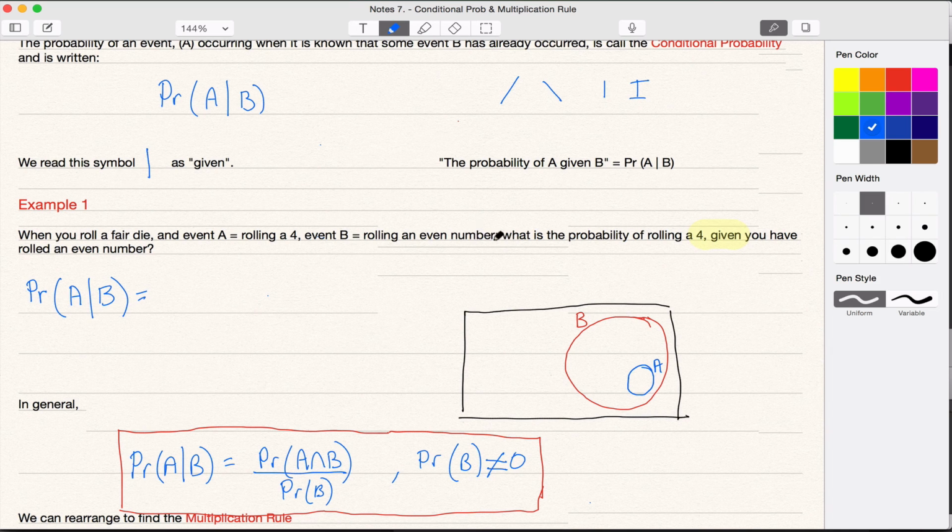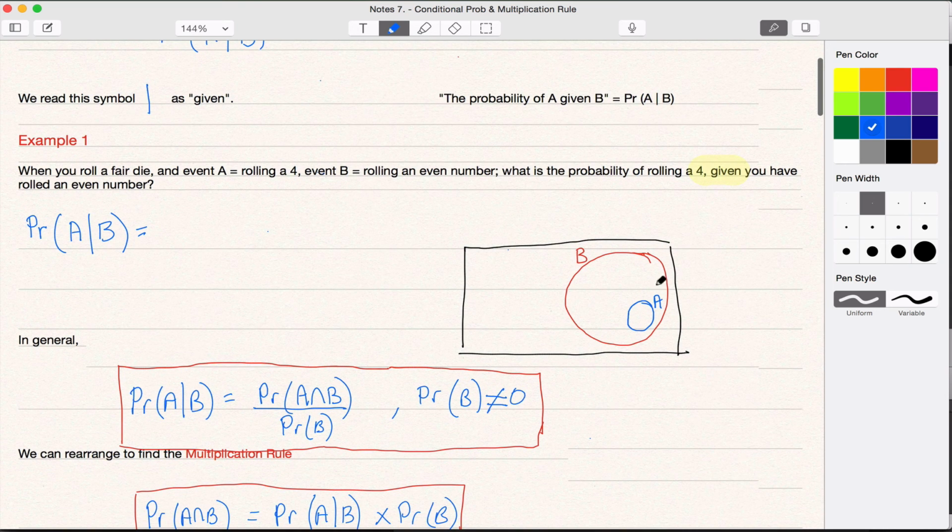Let's have a look at how those two things would look in a Venn diagram. I've got one drawn here. I'm going to add in my universal set in the corner. And we're rolling a dice. A is rolling a 4. B is rolling an even number, so it's going to be a 2, a 4, or a 6.